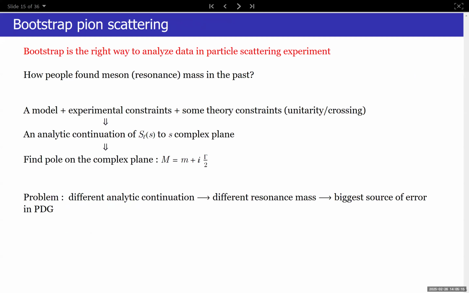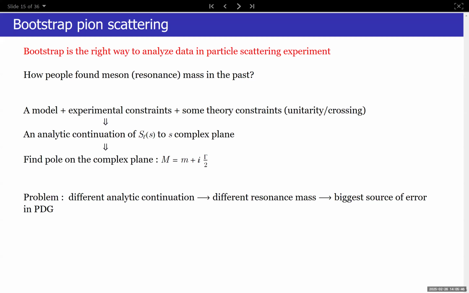So what we did is we instead demand that in the low energy it should satisfy the experimental result. But let me tell you a little bit how people find the meson in particle scattering experiments. So usually people start with some model. And this model might have some theory constraints built in.